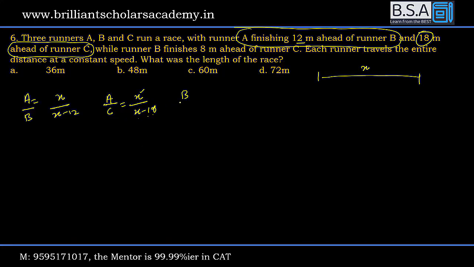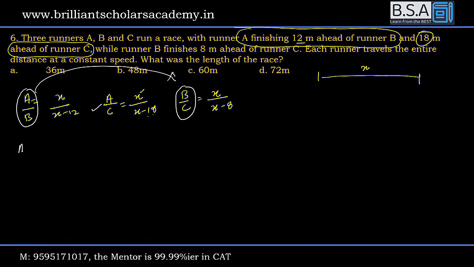While B finishes 8 meters ahead of C. So please observe, please learn this part. Look at this ratio, A upon B. Look at this ratio, B upon C. By multiplying these two, can I create A upon C?